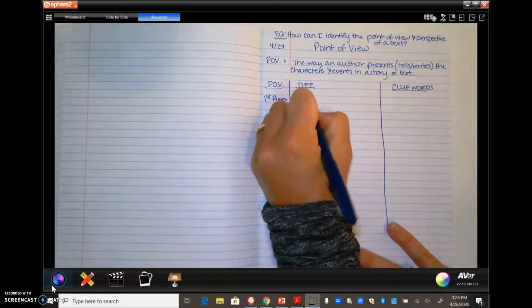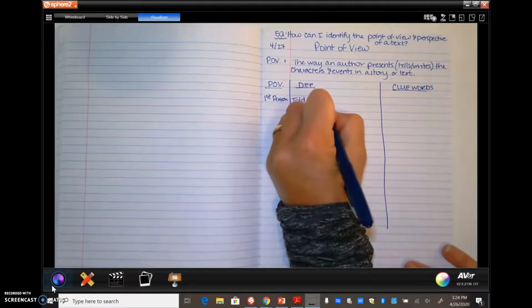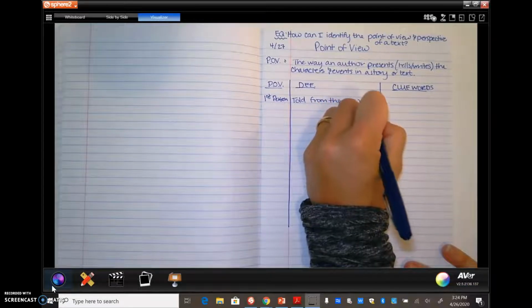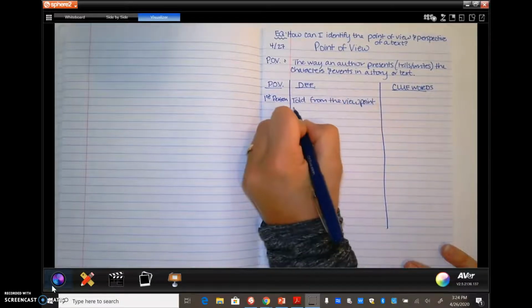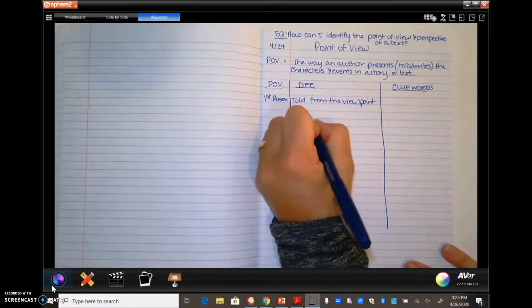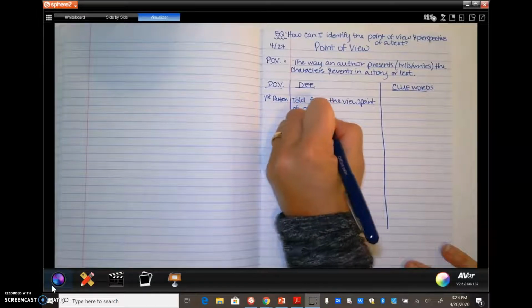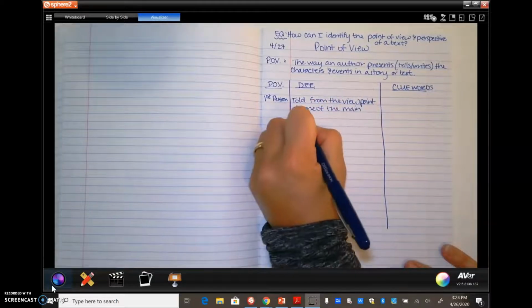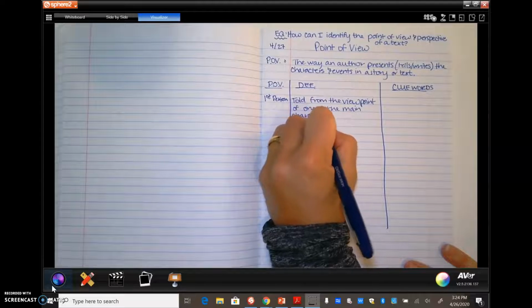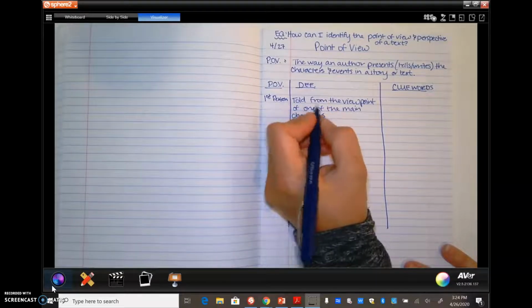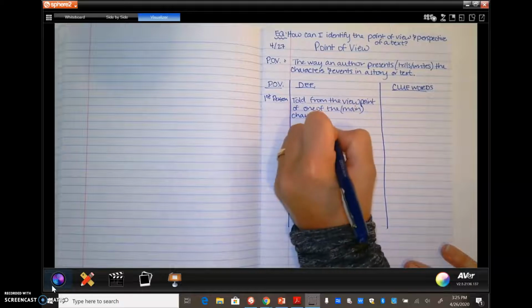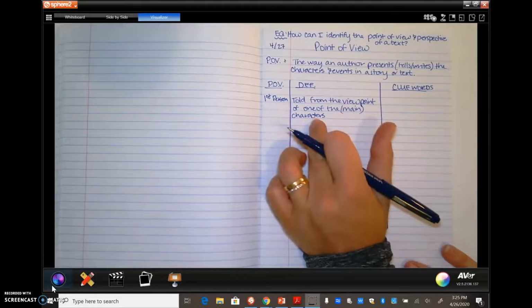So told from the viewpoint of one of the main characters. Okay, it doesn't necessarily have to be one of the main characters, but is from the viewpoint of that character.